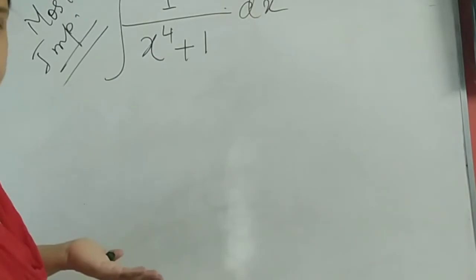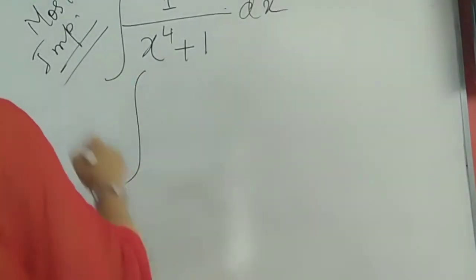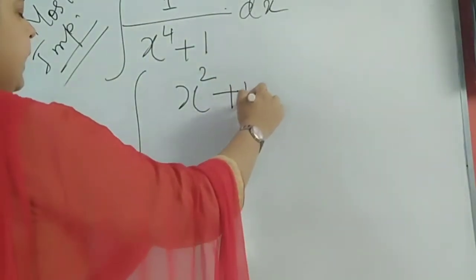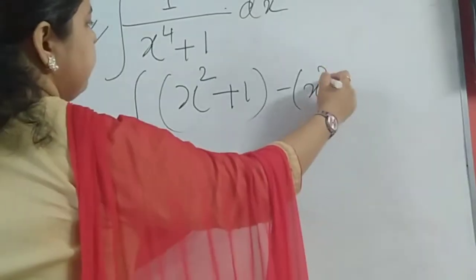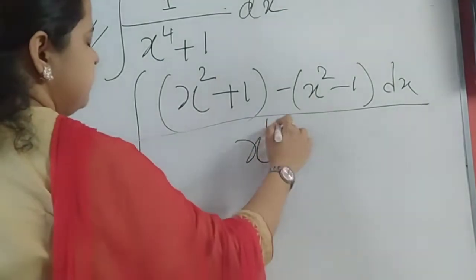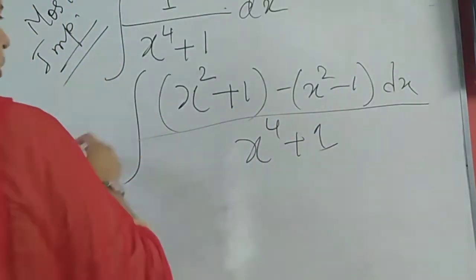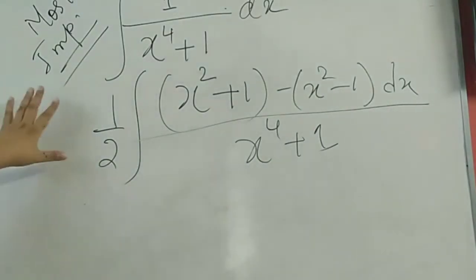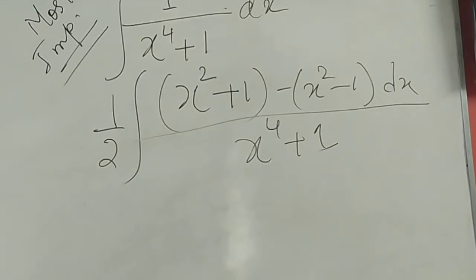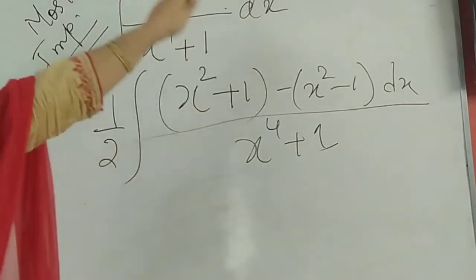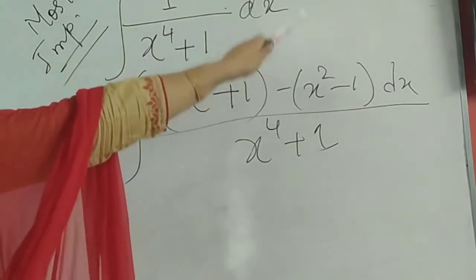We do not have a numerator other than 1. So I'm writing one thing, and you just tell me whether I can do the same without any problem or not. Please do focus on the numerator. Okay, I'm not rushing with this. 1 is converted into x square plus 1 minus x square minus 1.